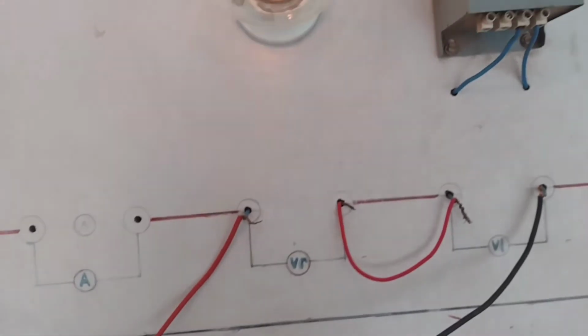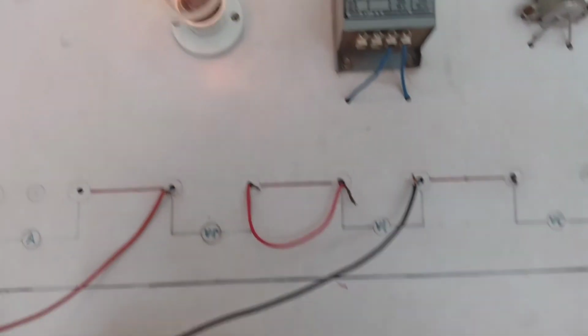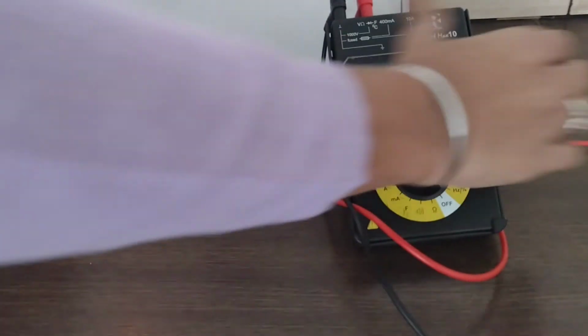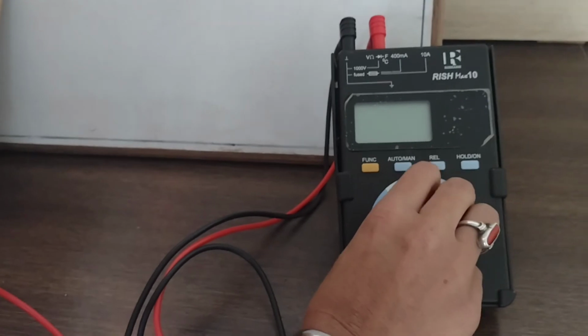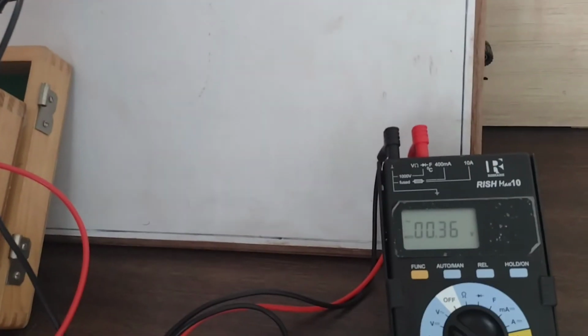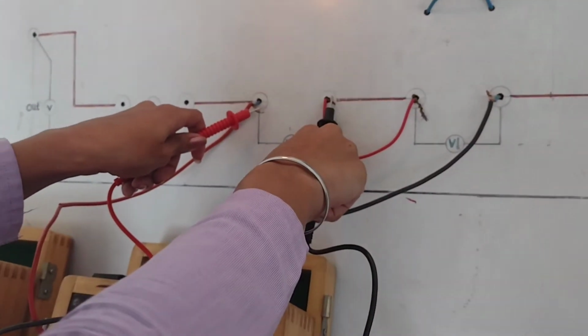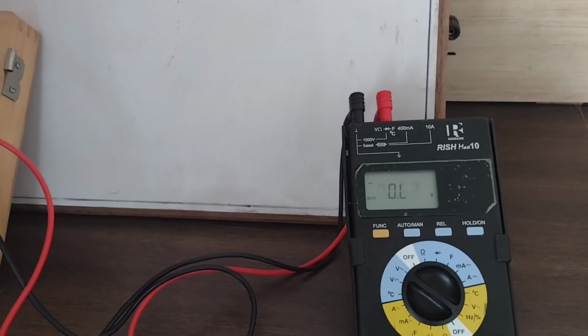Then we can measure the VR between these two terminals with the help of a multimeter. The reading shown in the multimeter is 60.